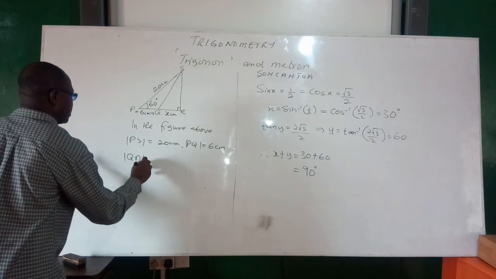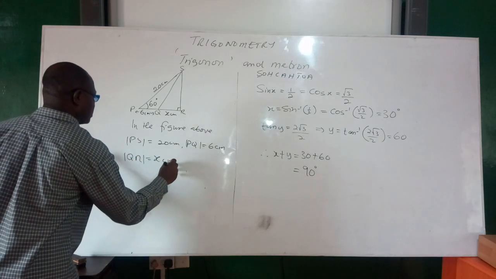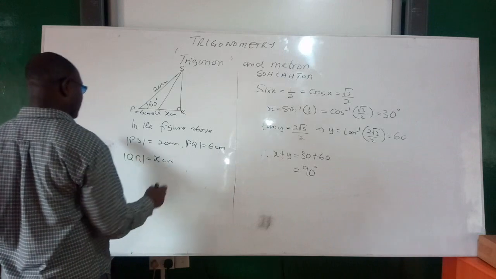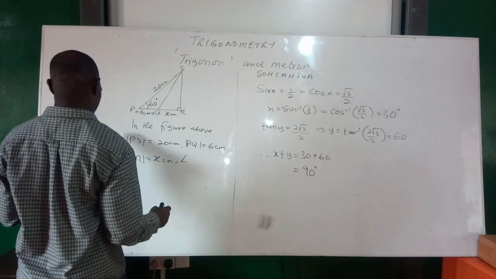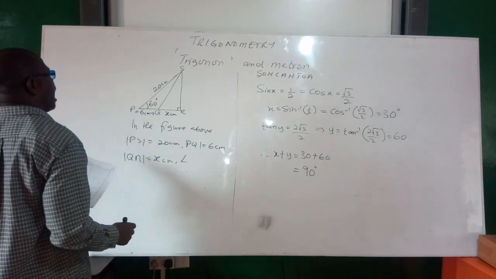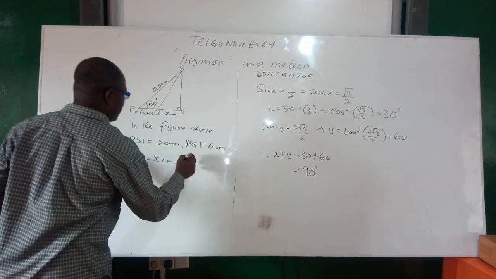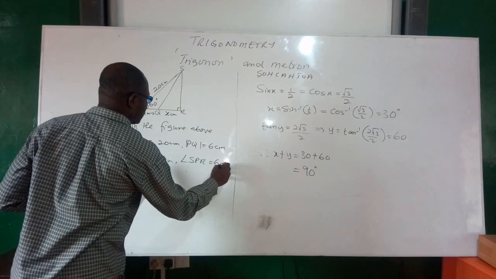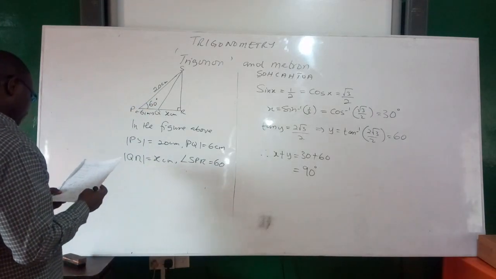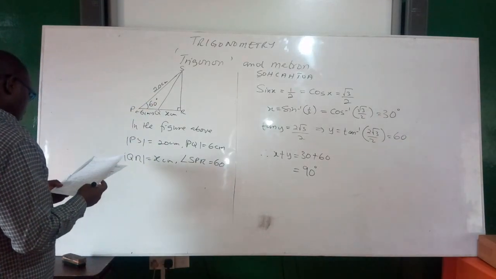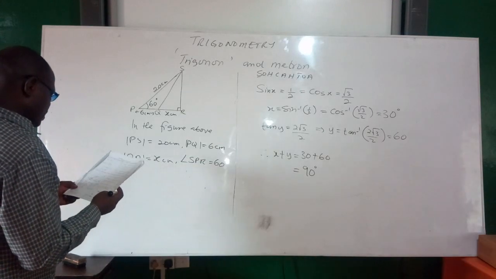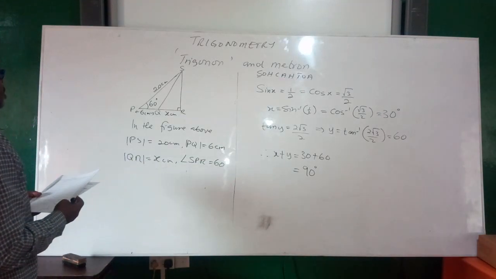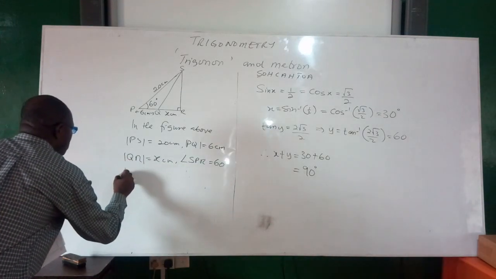QR is X centimeters. And angle SPR is given to us as 60 degrees. Use this information to answer question 1.3.